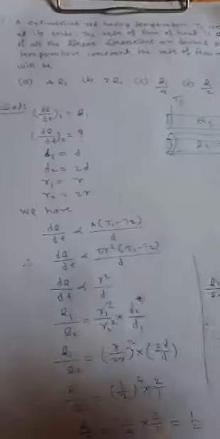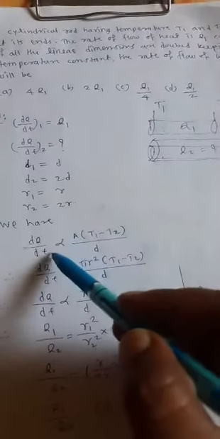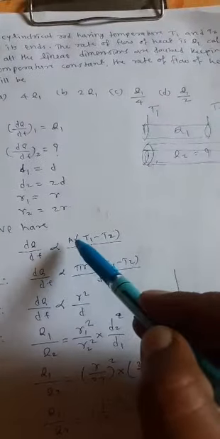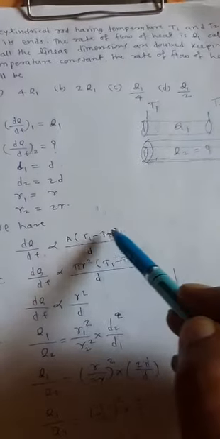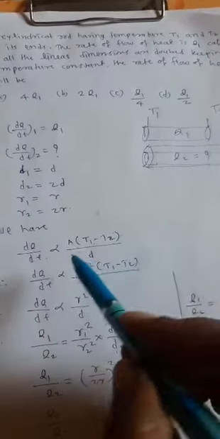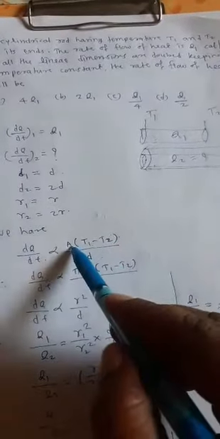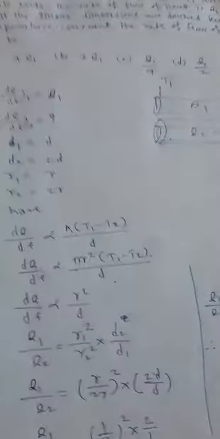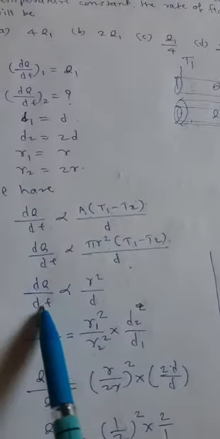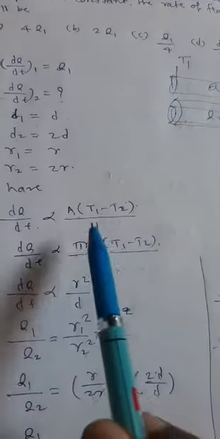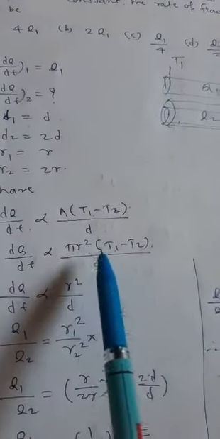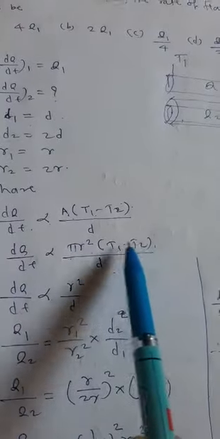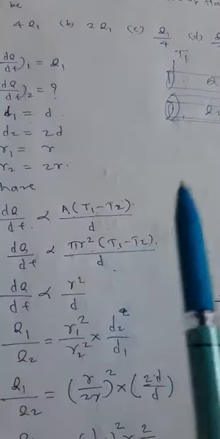We have the formula for the rate of flow of heat: dQ by dt is directly proportional to A (T1 minus T2) divided by D. The area of cross section A can be written as pi r square, so it is pi r square (T1 minus T2) divided by D. Therefore, dQ by dt is directly proportional to r square by D, because in this case the temperature difference is constant, as the temperatures at both ends remain the same.